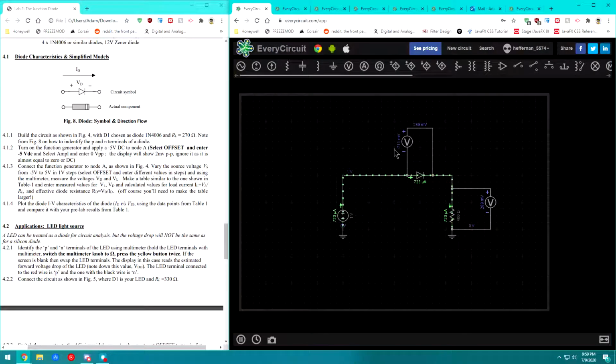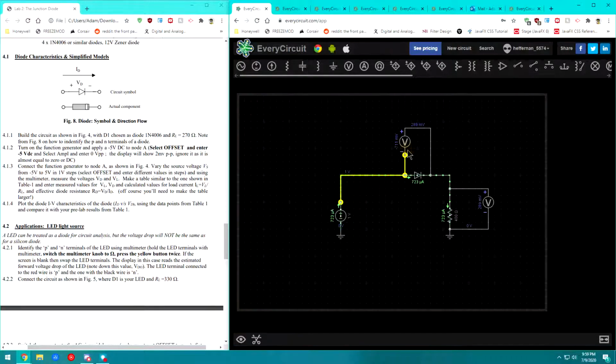Once we have that done, we can see that we have 711 millivolts across the diode, and you can see the negative terminals aren't matched up properly, so we can go ahead and flip this around. Once that's flipped, we can run it.